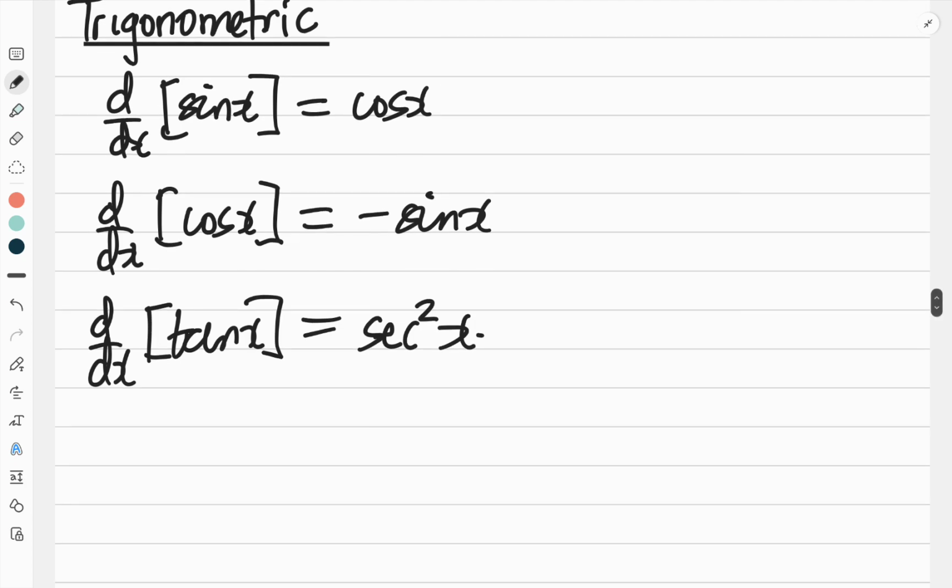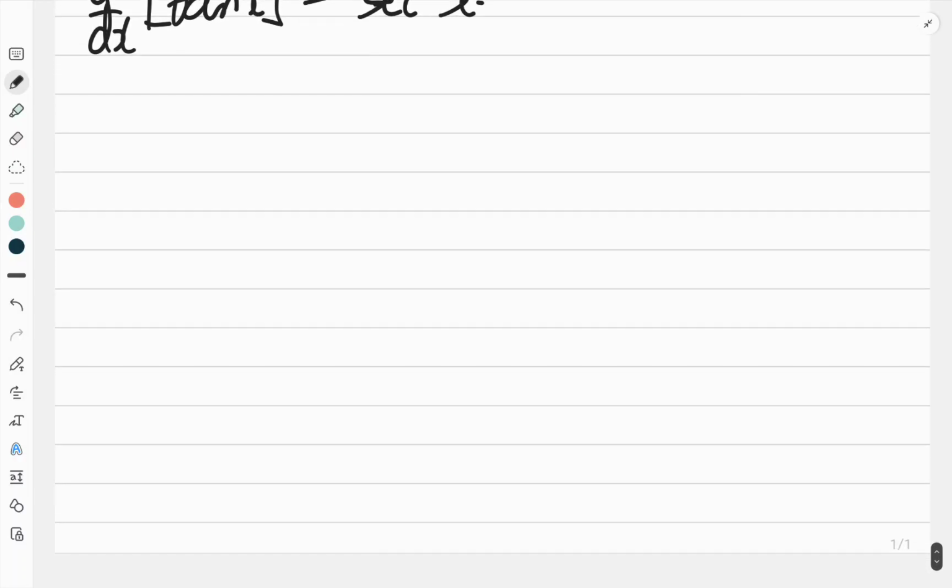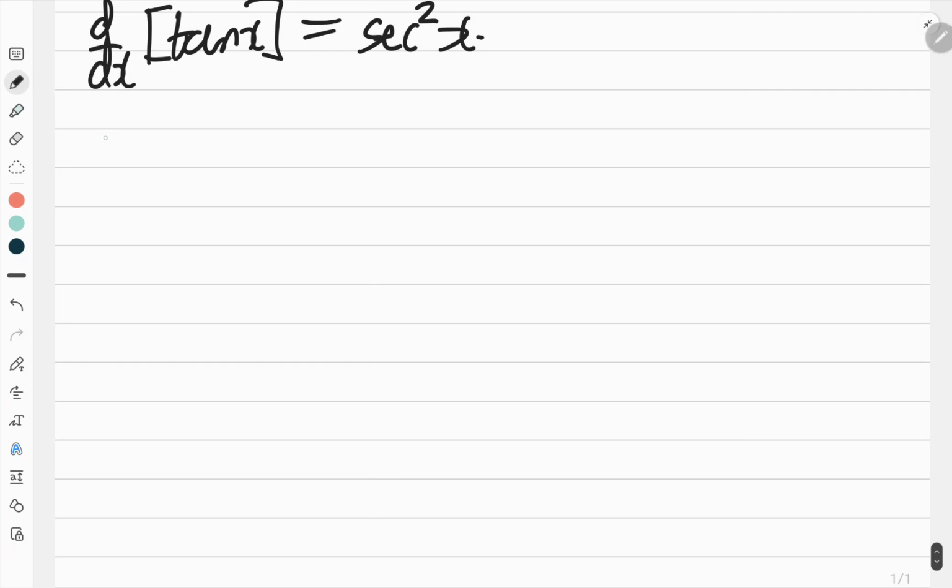Then still on trigonometric differentiation, we should also be able to do some composite angles in front of these trigonometric functions.